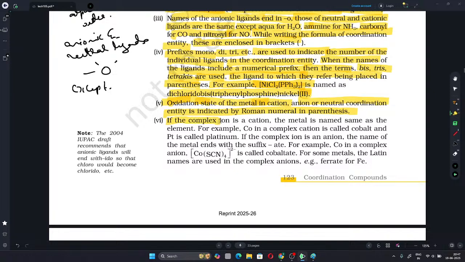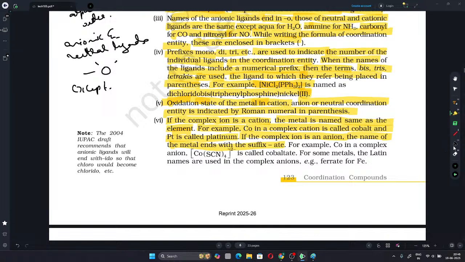If the complex ion is a cation, then the metal is named the same as the element. For example, cobalt in a complex ion is called cobalt and platinum is called platinum. If the complex is an anion, the name of the metal ends with the suffix -ate.